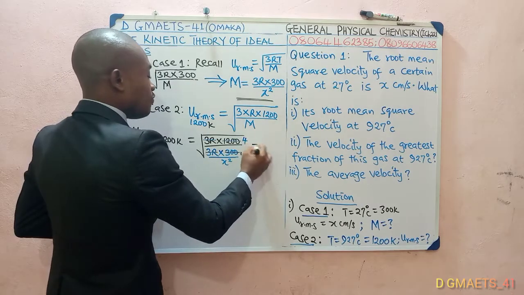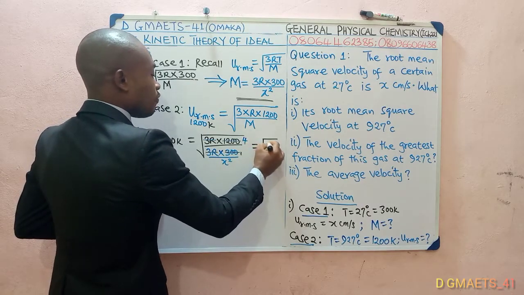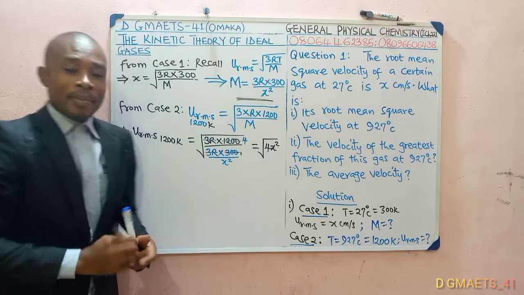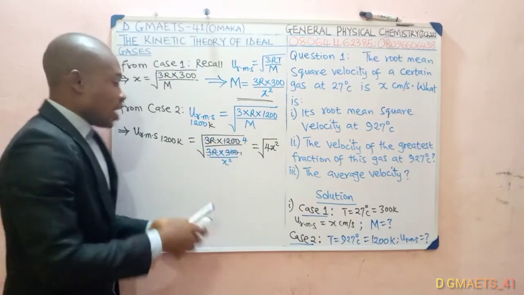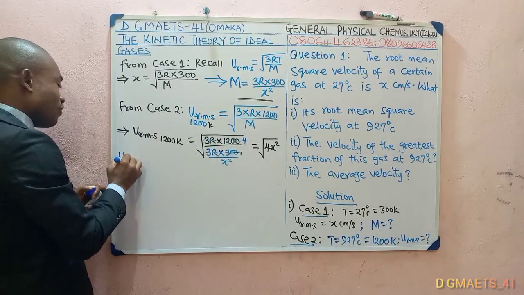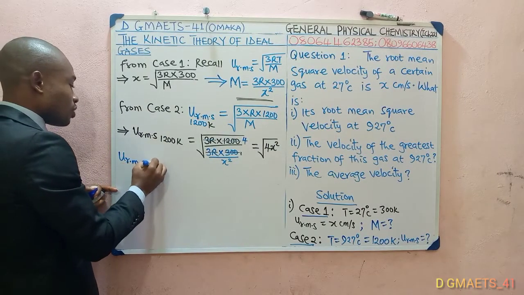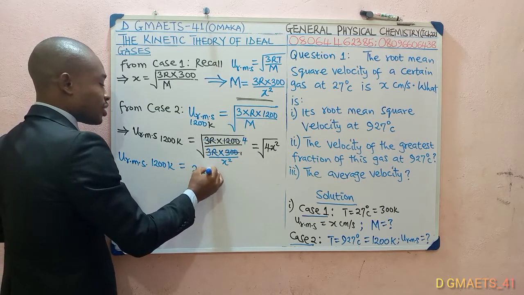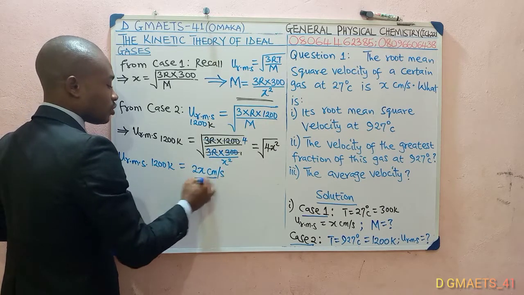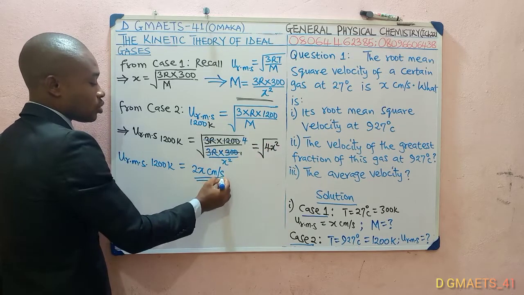And this will eventually be equal to the square root of 4x squared. You know that mathematically this x squared will go up. Is that okay? And then the root mean square velocity at 1200 Kelvin will now be equal to 2x centimeter per second. The square root of 4 is 2.